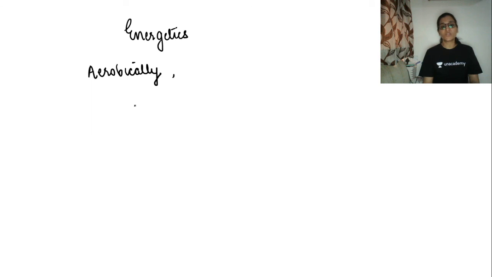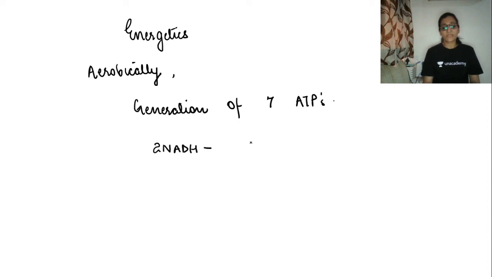There is generation of 7 ATPs. How? Through 2 NADH, which give rise to 5 ATP through the electron transport chain. Then 2 substrate level phosphorylations give us 4 ATP.